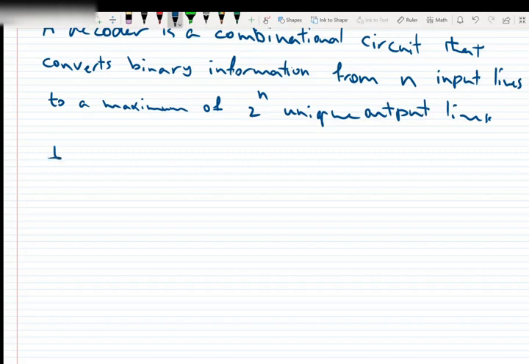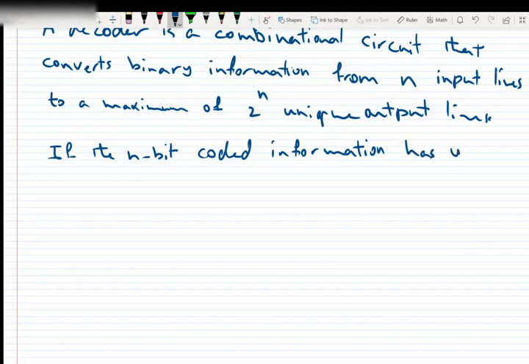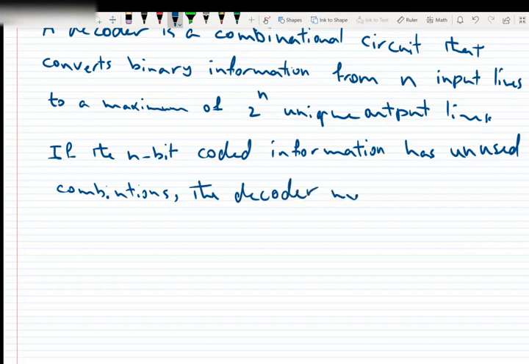Like if the n bit coded information has unused combinations, the decoder may have less than 2 to the power of n outputs.